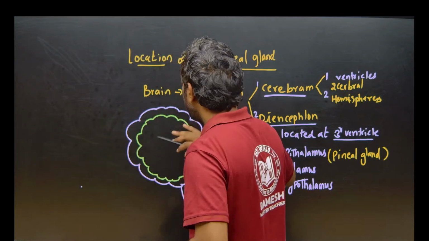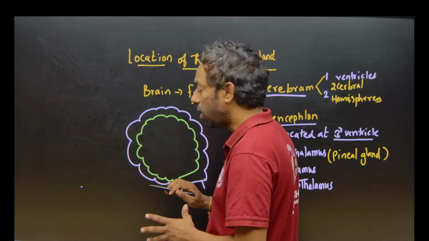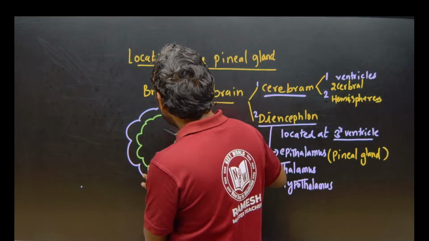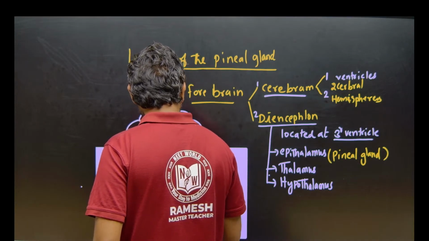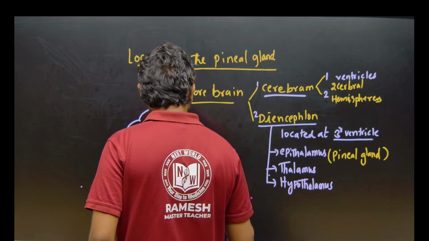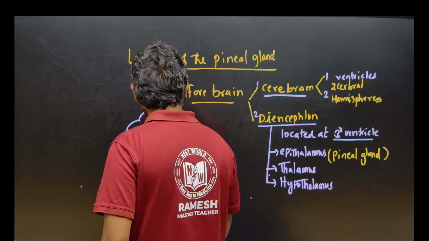These lobes contain the first and second ventricles, and in the diencephalon there is the third ventricle.